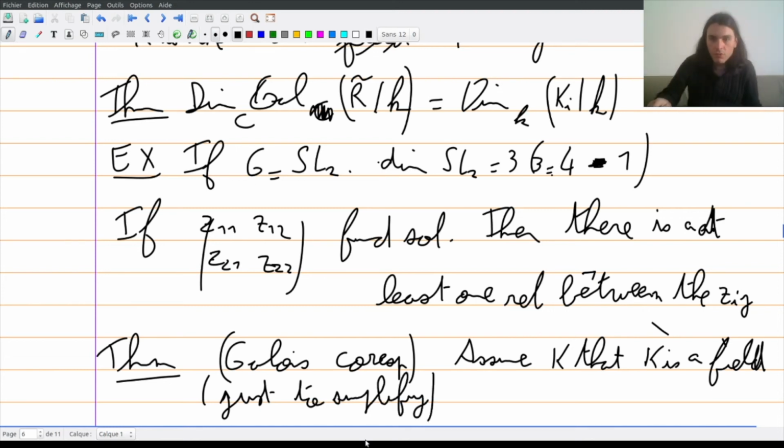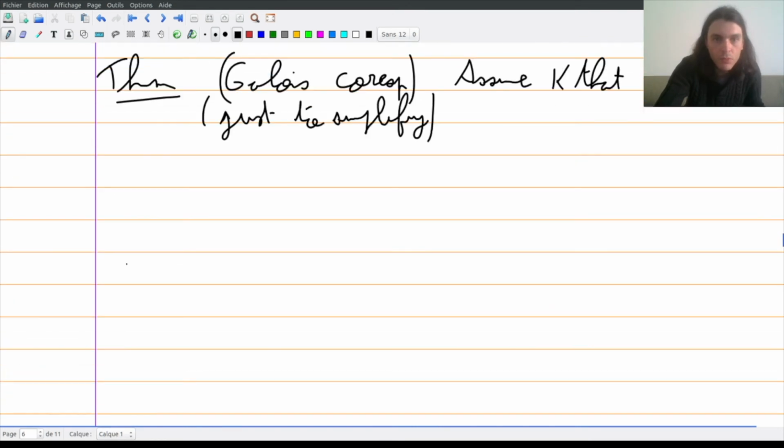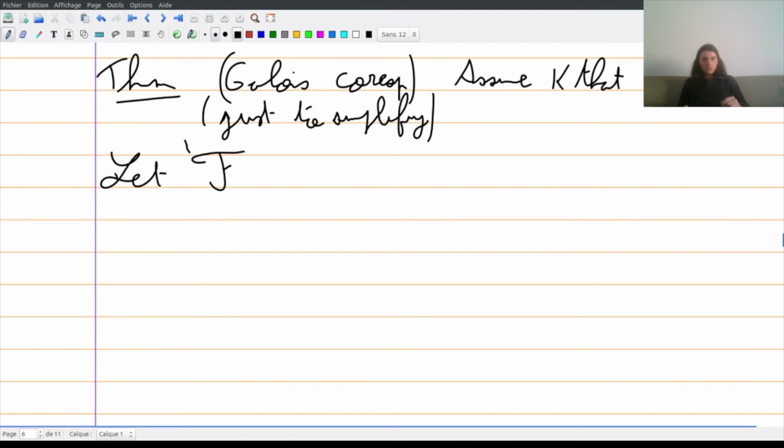So the Galois correspondence also holds in the general case, but I just want to write it in the simplest way possible. So let big F be the intermediate field extension, the intermediate difference field extension.